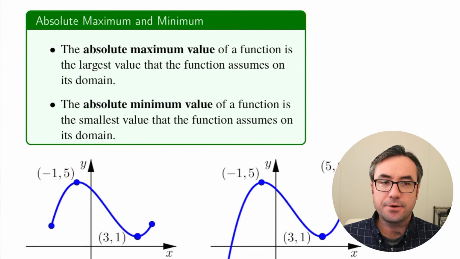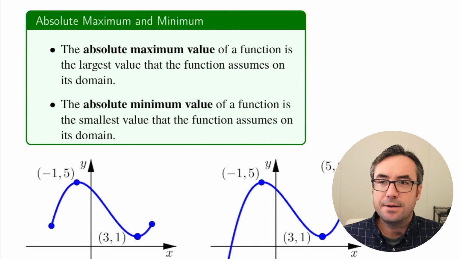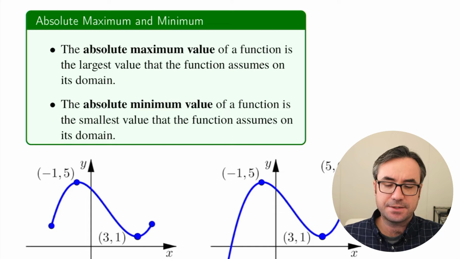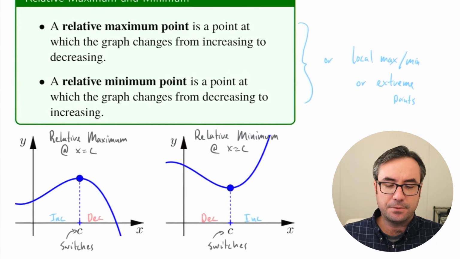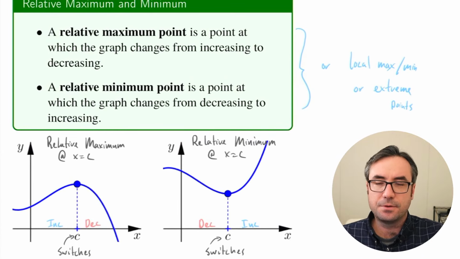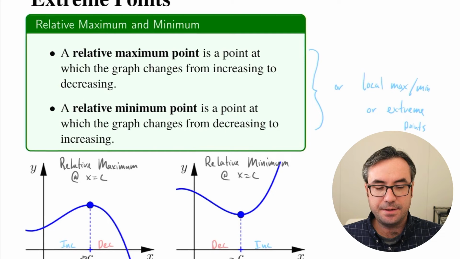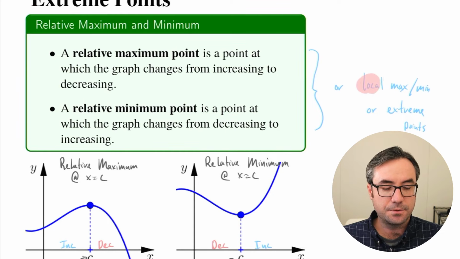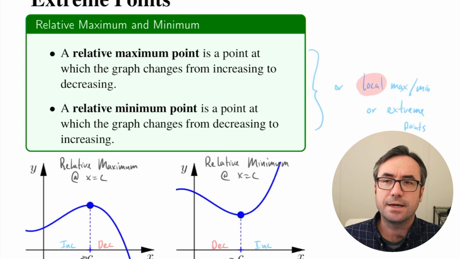Relative max and relative min are just local. The key word here is localized.